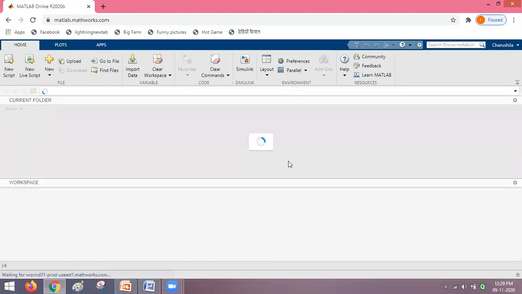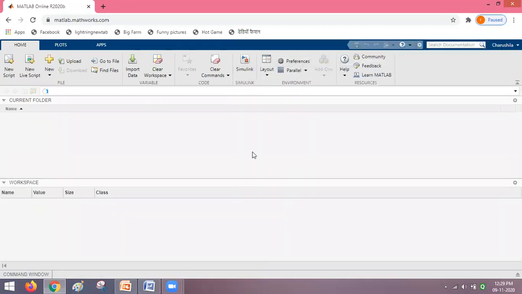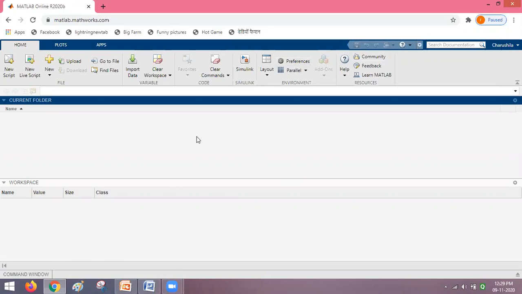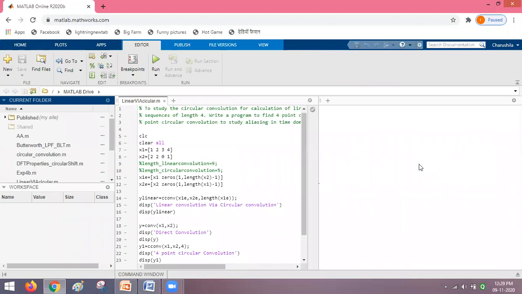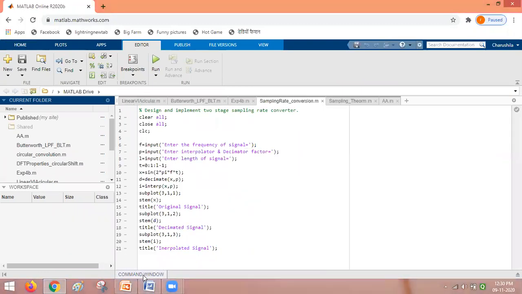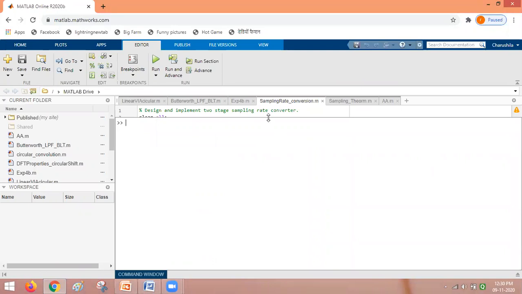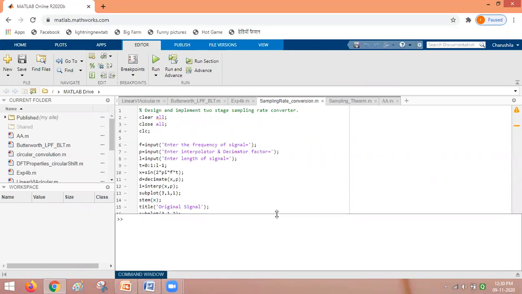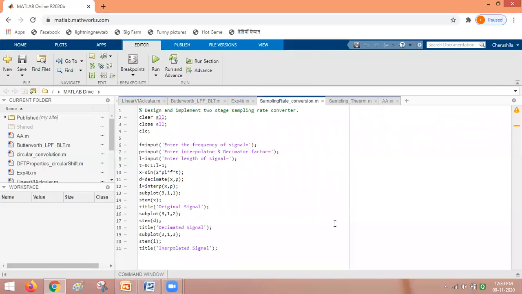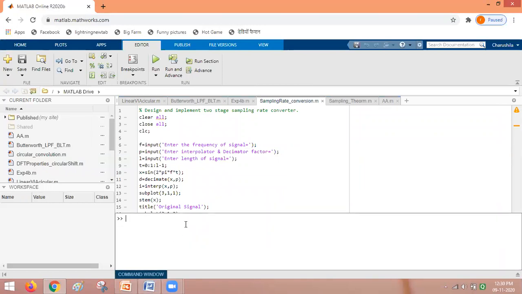Since we are using it online, it will take some time depending upon the internet speed. Now the MATLAB software is ready to accept the code.